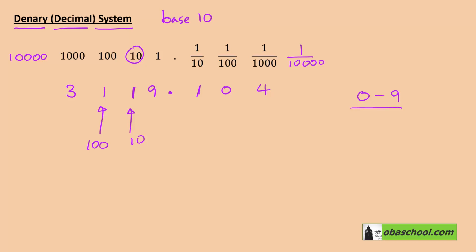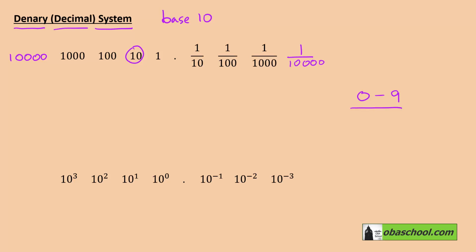A 1 in this column would have 1/100th of the value of this one, because a 1 here represents literally 1, and a 1 here represents 1/10. So you'd need to divide by 100. It's 100 times smaller.